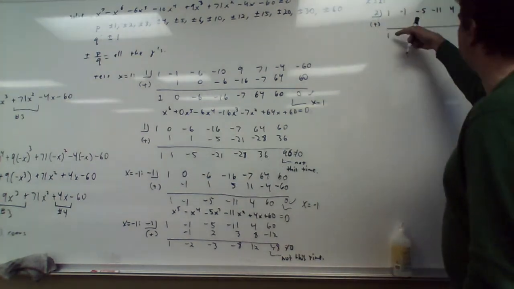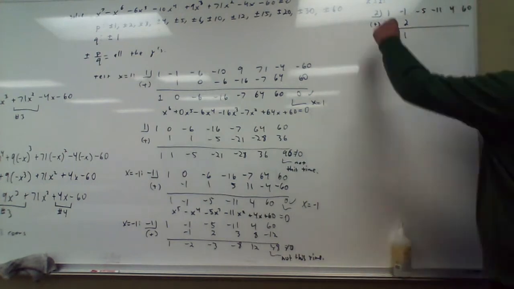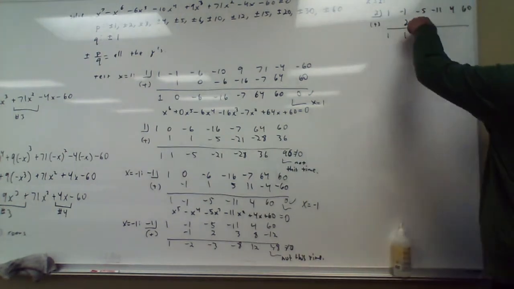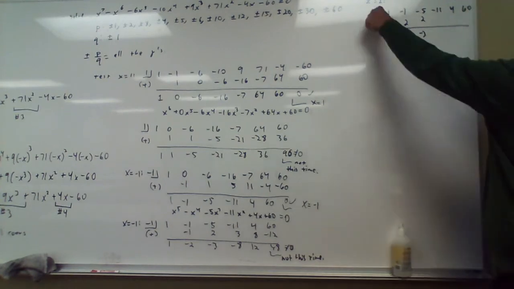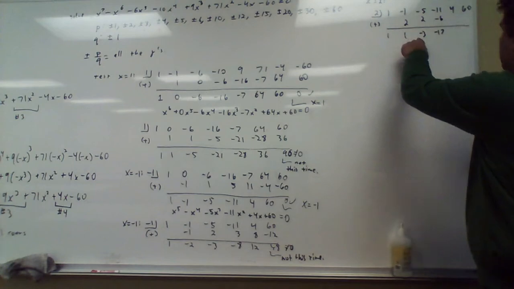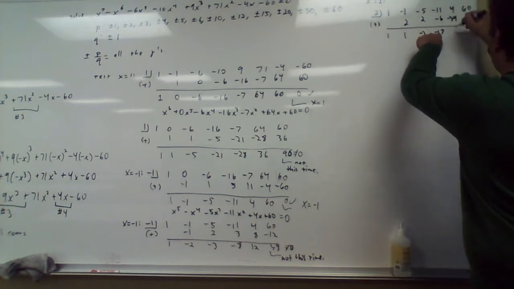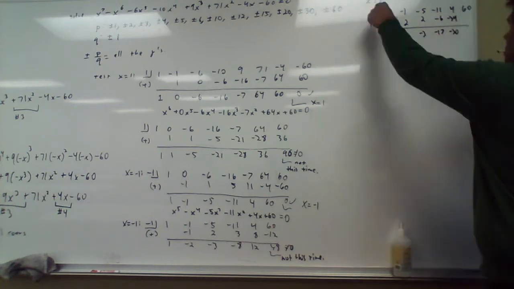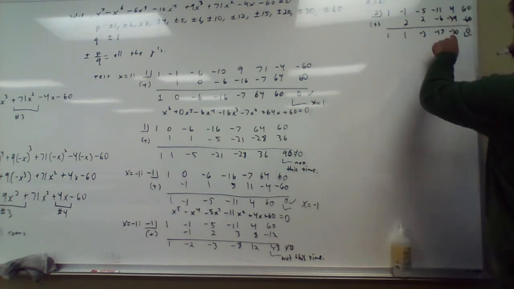So 2 times 1 is 2. That's 1 when I add them. 2 times 1 is 2. That's negative 3. 2 times negative 3 is negative 6. That's negative 17. 2 times negative 17 is negative 34. That's negative 30. 2 times negative 30 is negative 60. That's 0.